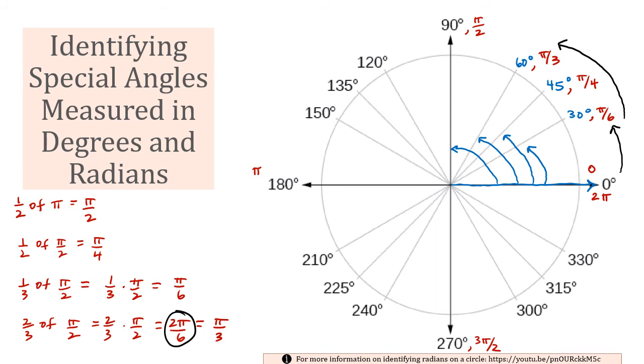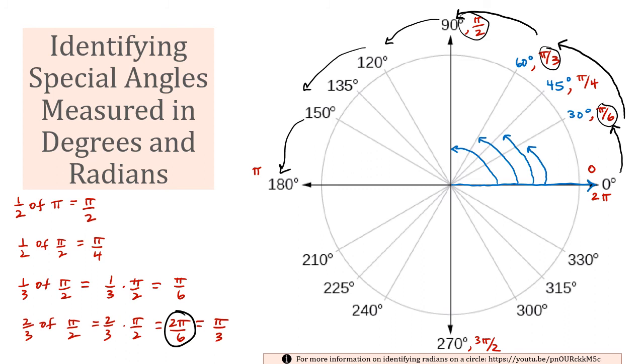If I go another 30 degrees, we said 1 pi over 6, we said 2 pi over 6, this is going to be 3 pi over 6, and 3 pi over 6 reduces to pi over 2. Now, why am I telling you that? Because if we keep going using that same idea, so another 30 degrees, another 30 degrees, another 30 degrees, I can just keep counting in pi over 6s.